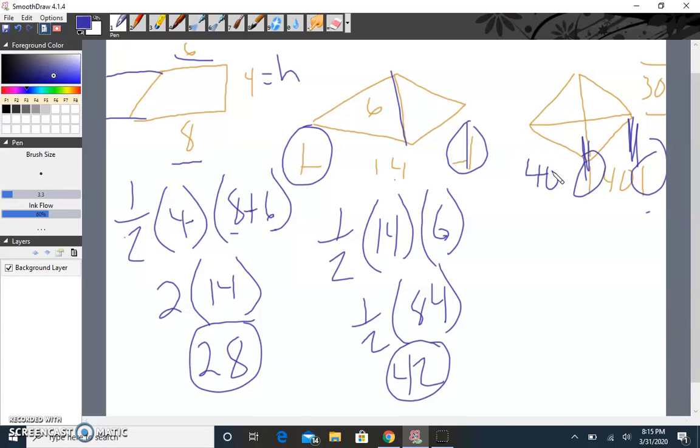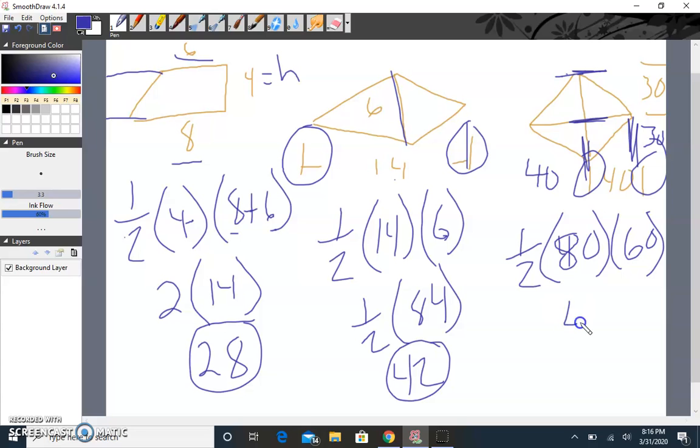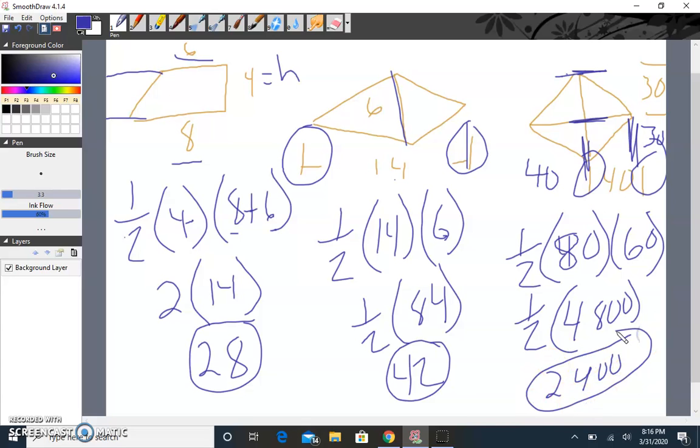And if we have 30 going from here to here, there's going to be a 30 right there. That is our distance. So we have 1/2, 40, no, we don't have 40, we have 80. We don't have 30, we have 60. 80 times 60 is 4,800 times 1/2. 1/2 of 4,800 is 2,400. That is the area there.